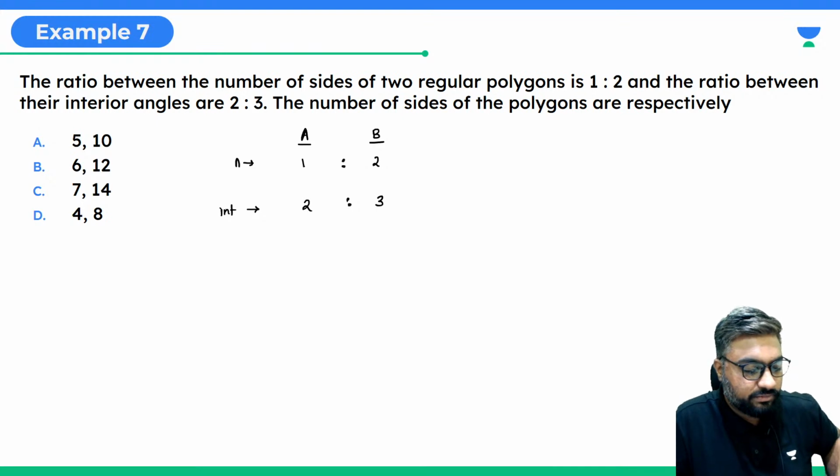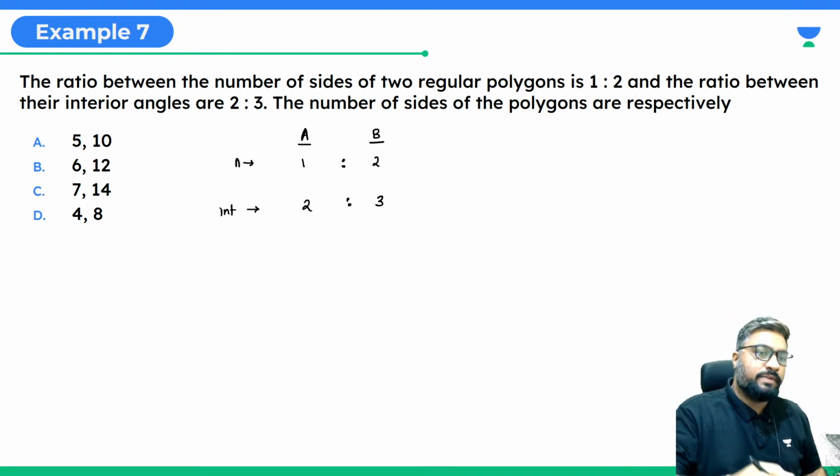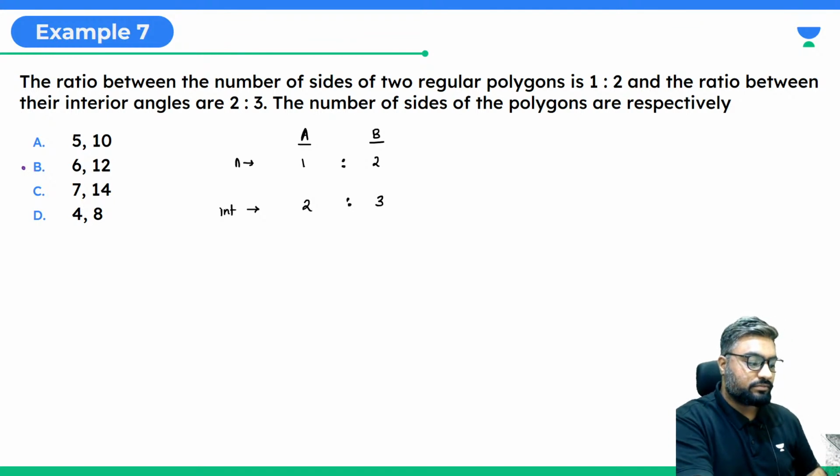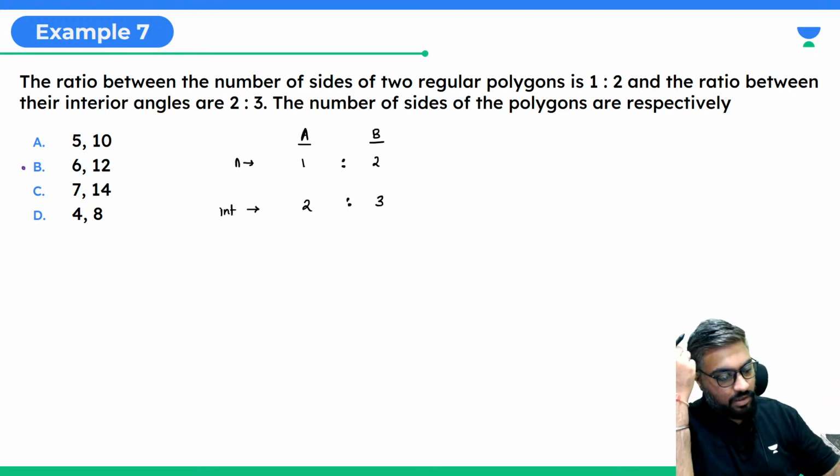Anyone answer? Dinesh says B, 6 and 12. Okay. Others?